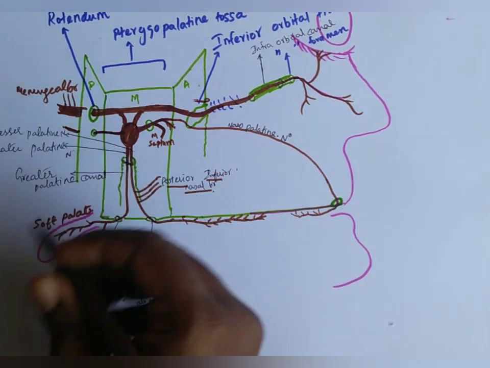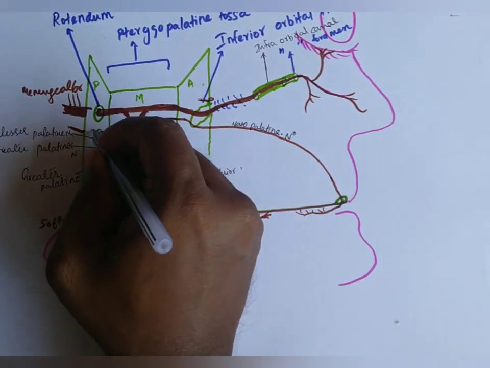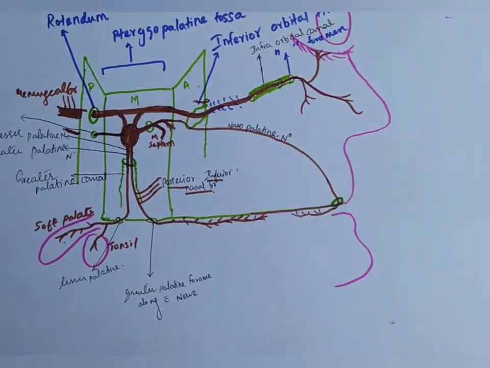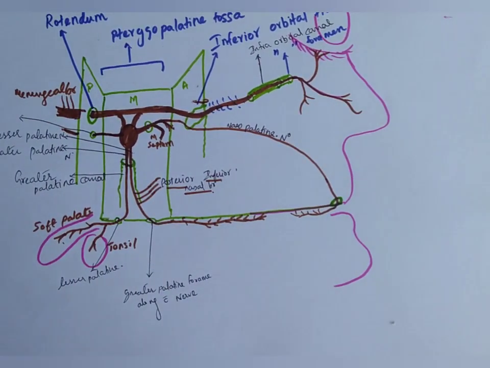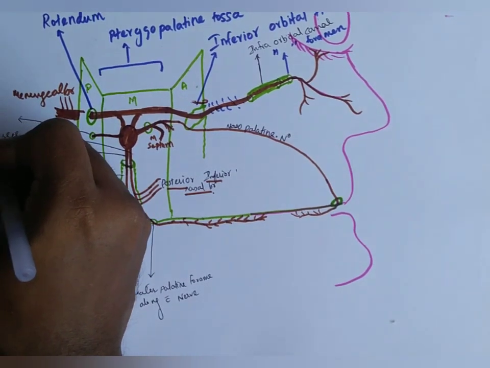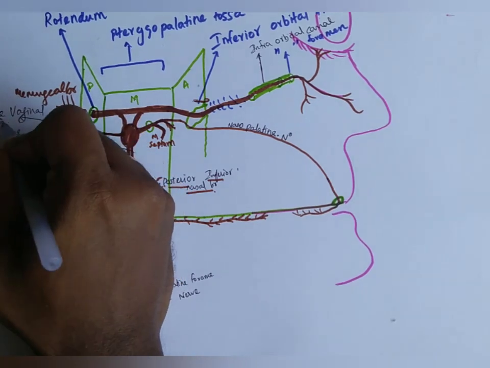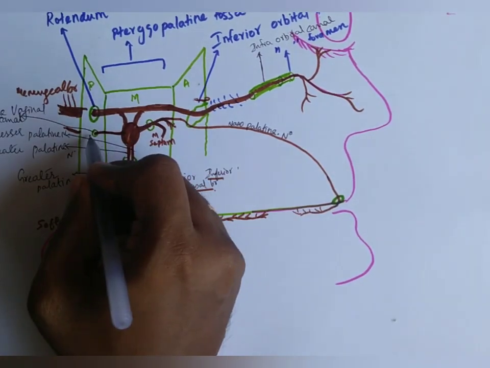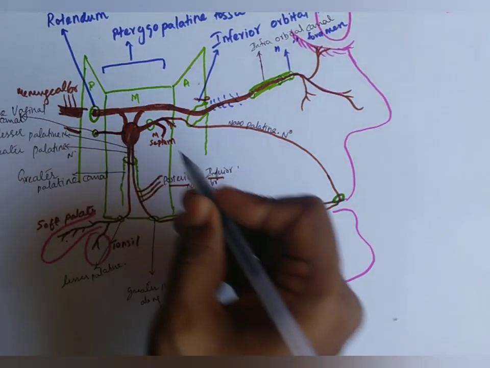These are the pharyngeal branches, and this pharyngeal branch passes through a canal called the palatovaginal canal.